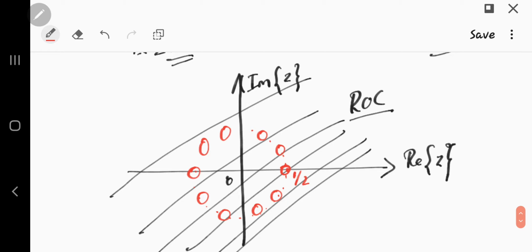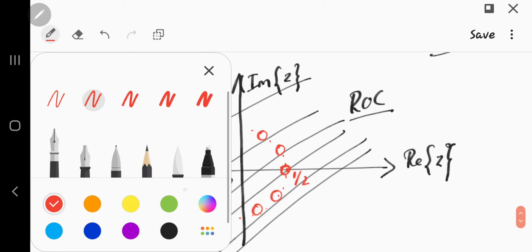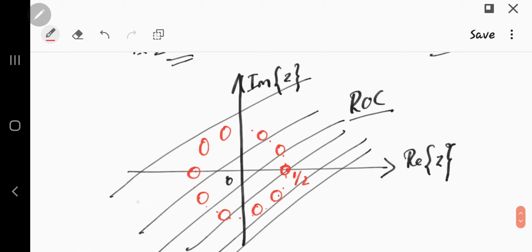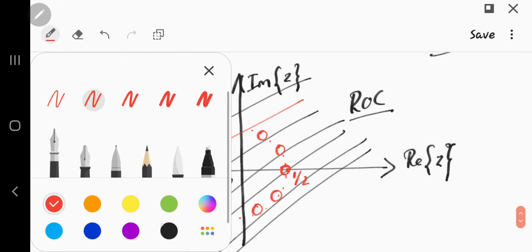So combining this we have 10 zeros. This is how we have to locate.